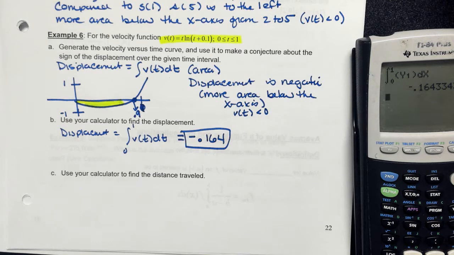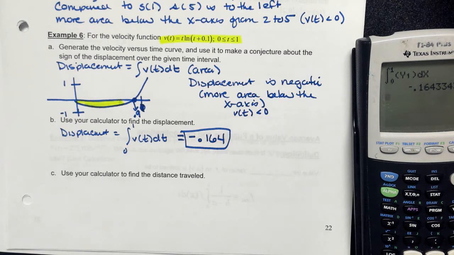But v of t is defined up here, so it is okay just to show me that you integrated v of t. I know we're all perfect people and never make careless mistakes, but it is possible you accidentally hit a wrong negative sign or a wrong plus sign or a wrong number on the calculator. Well, with just an answer, I have no choice but to give you absolutely no credit.